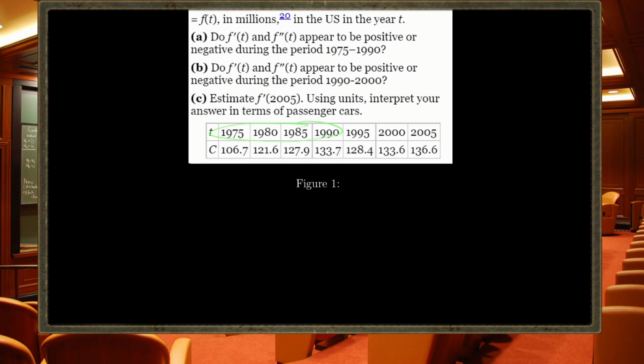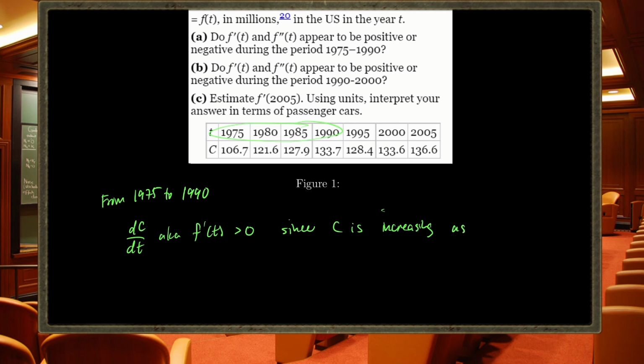It tells us that from 1975 to 1990, dC/dt, also known as f prime of t, is positive, since C is increasing as t increases.